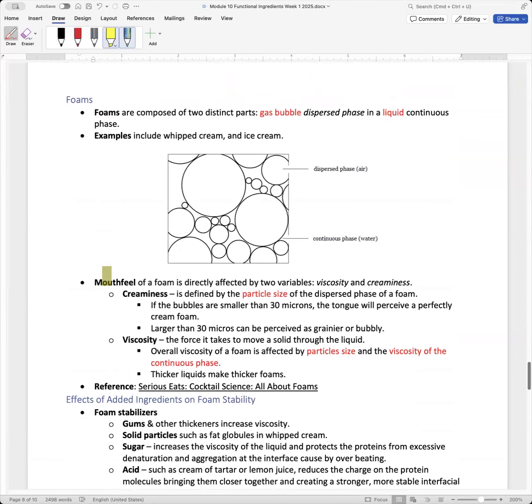So why is a foam a colloidal dispersion? Because it's a gas bubble dispersed in a liquid. If you whip up egg white, you've got the protein surrounding the air bubbles, and then you've got the water and all the other stuff in between. That's a foam.